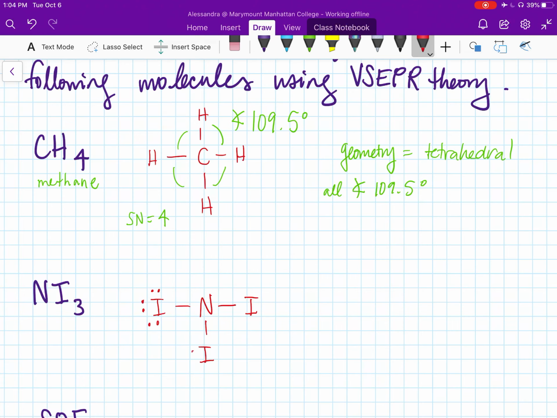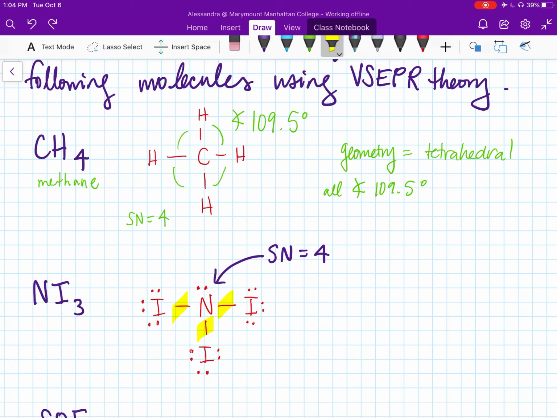Now I have 7 electrons brought by each iodine to the table, and then the nitrogen brings 5 electrons to the table. So in this molecule, in its Lewis structure, I can see that the nitrogen has a substituent number of 4 because I'm counting up each bond, 1, 2, 3, and then the lone pair, 4, to get 4 regions of electron density surrounding that nitrogen.